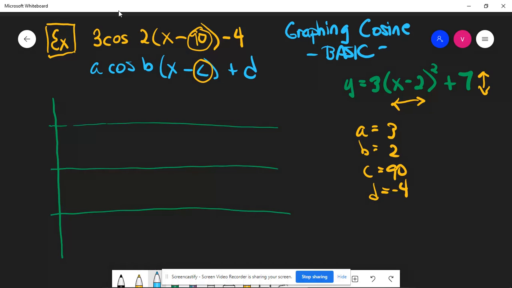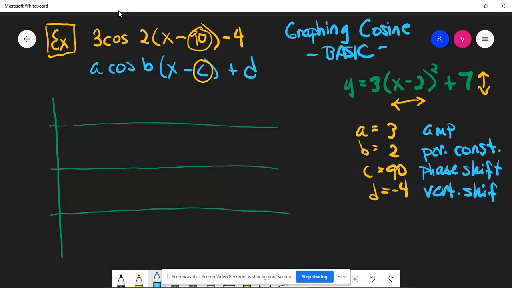So remember, A is the amplitude. B is the period constant. So I'll explain that in a second. It is not the period, it is the period constant. C is the phase shift. And D is the vertical shift, up or down.